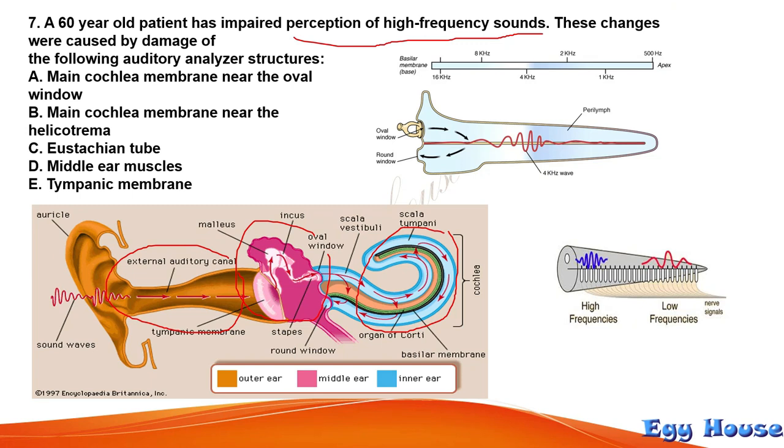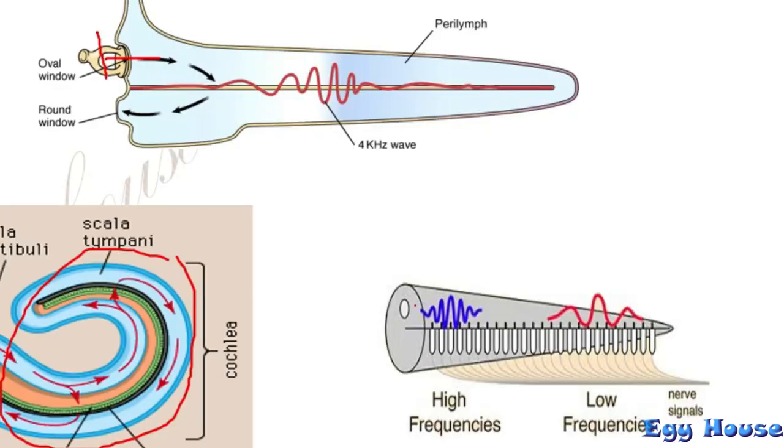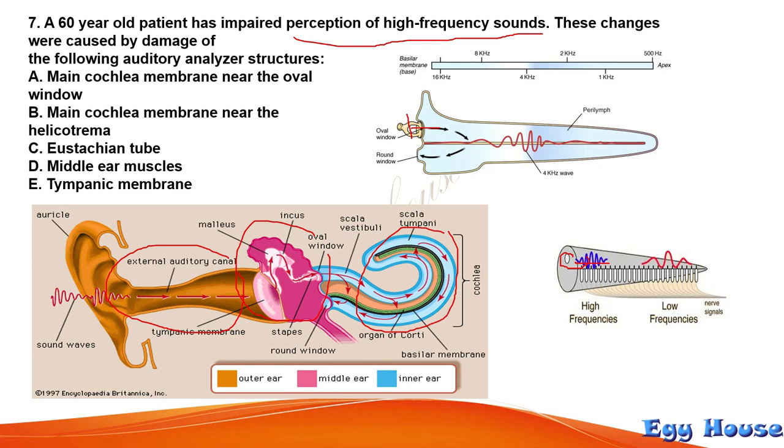The perception of the high frequency sounds is mainly near the oval window here, and as you can see here also. So here we have the main high frequency sounds that can be perceived. If you find in the question perception of low frequency sounds, you go and choose helicotrema, of course, as you can see here.